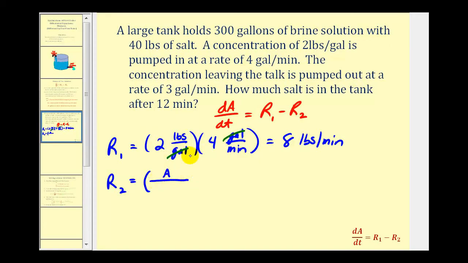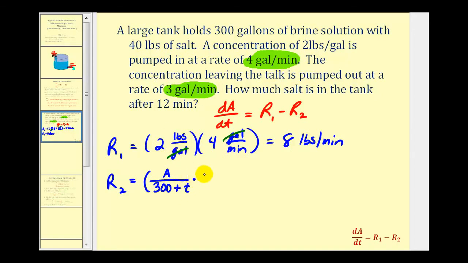Now the number of gallons is not just 300 because notice how the solution is being pumped in at 4 gallons per minute and pumped out at 3 gallons per minute. So after every minute we have 1 more gallon in the tank. So the total gallons is going to be 300 plus 1t, where t is the number of minutes. Again, because we have 1 extra gallon every minute, we have 1t here.